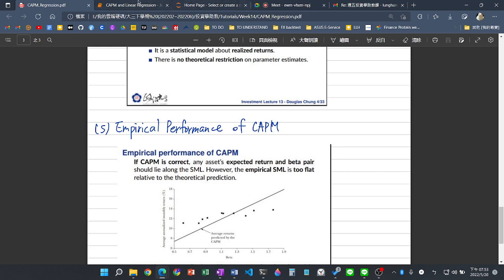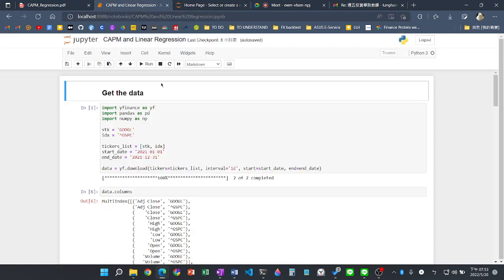Okay, so perhaps now we can go into the coding part and test if the CAPM worked with our data or not. The first thing we need to do is to get the data, and this part is pretty much the same throughout this semester, right?